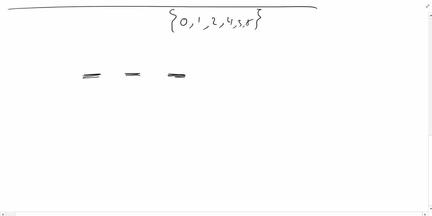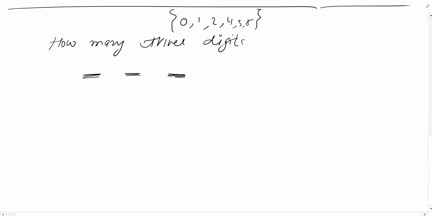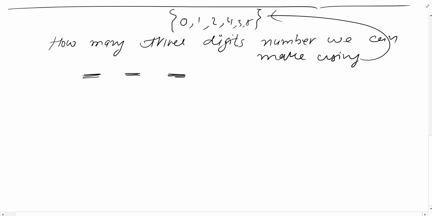Now, this is important. Let's say we're not making a lock this time, but we have to make 3-digit numbers. How many 3-digit numbers can we make using digits from this set?